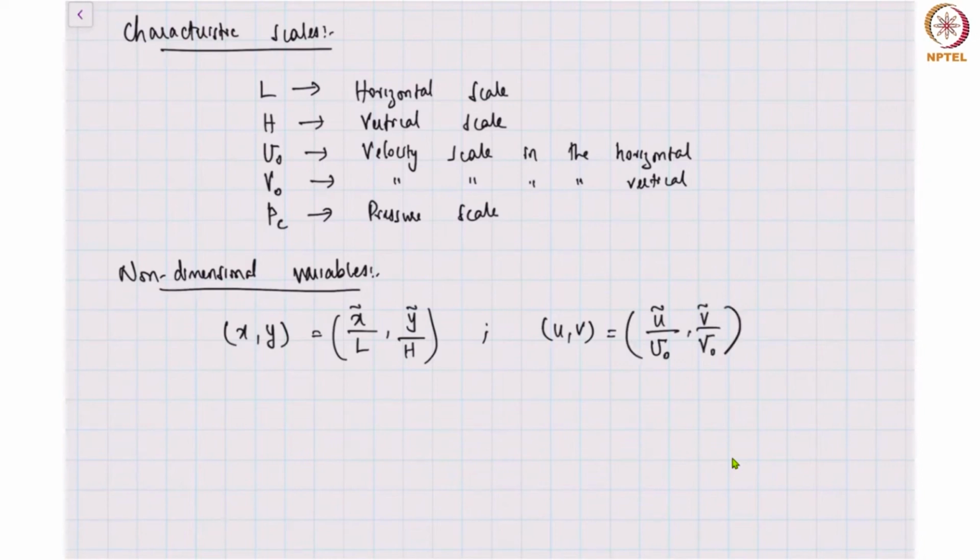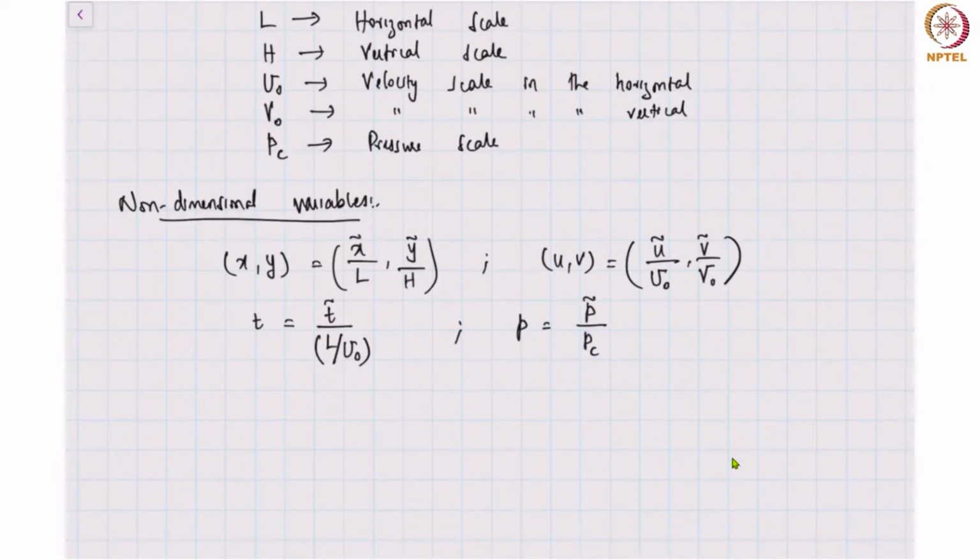The characteristic scale for time will be T tilde divided by L by U naught, and for pressure it would be P tilde by PC. Note that PC is still unknown. So we have V naught and PC both unknowns.